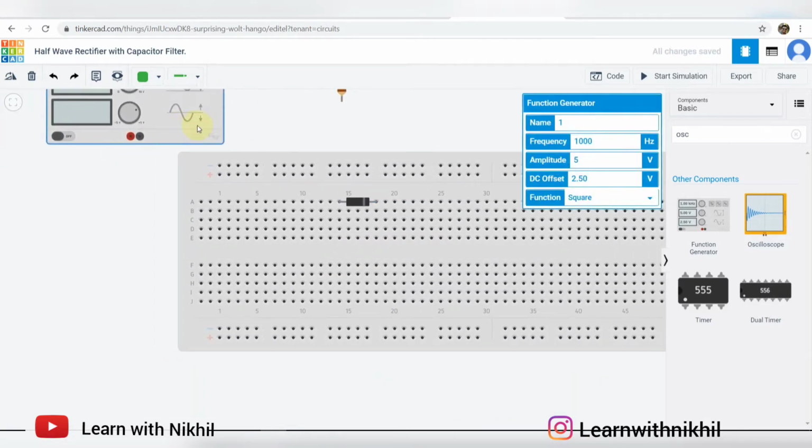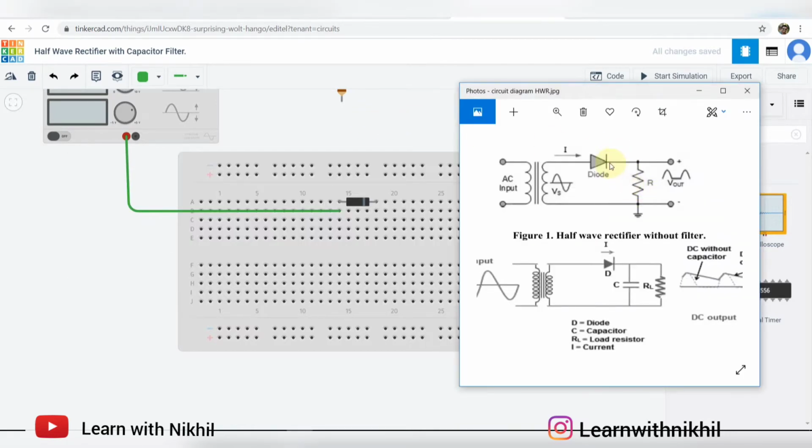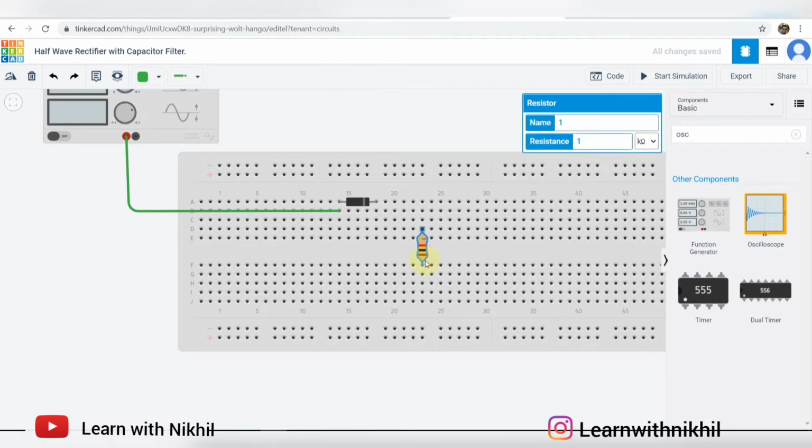We'll attach the input, positive terminal, here. The negative terminal is attached across the resistor. So I'll place the resistor here somewhere. The negative terminal is attached to the resistor. This is attached. This is the input.